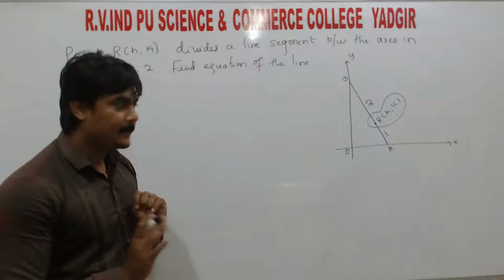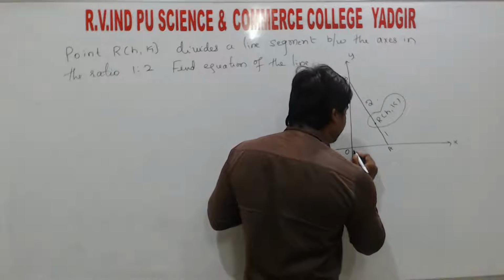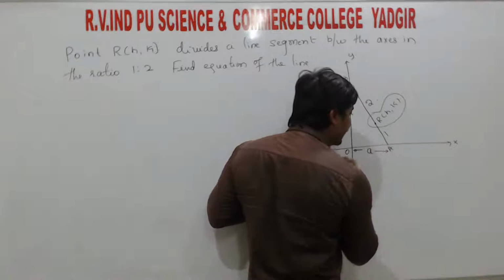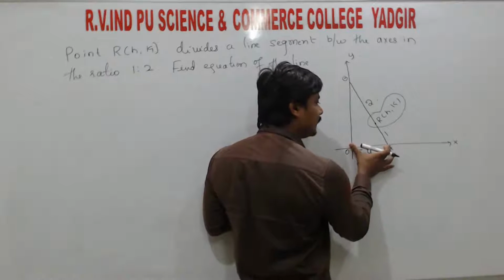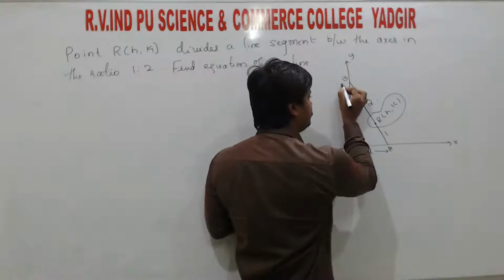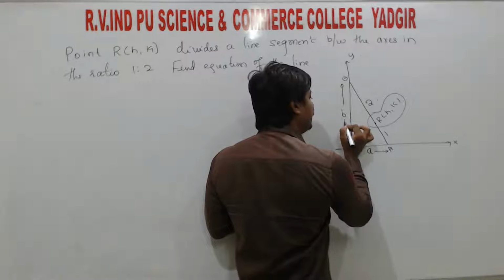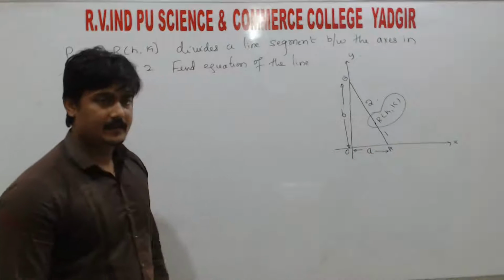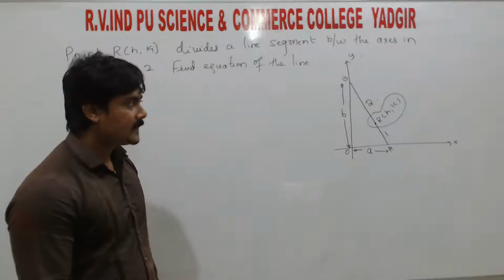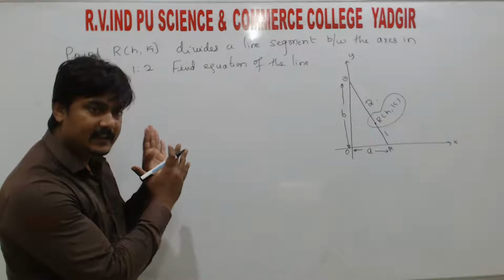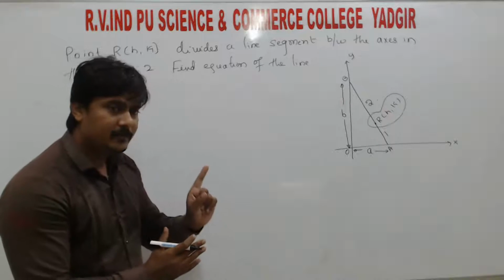Let us assume that the x-intercept of the line is a. X-intercept means the distance OA with proper sign. Let the y-intercept of the line be b.